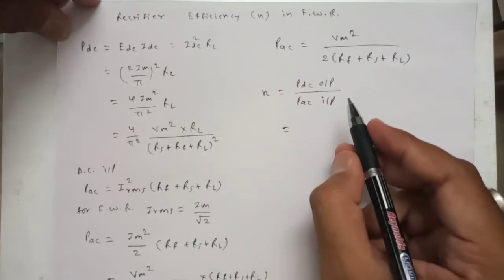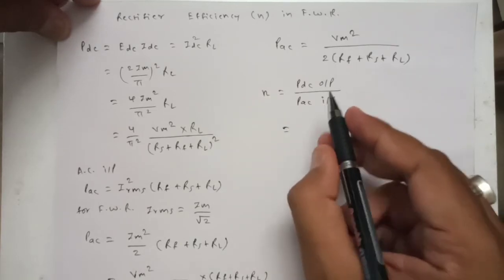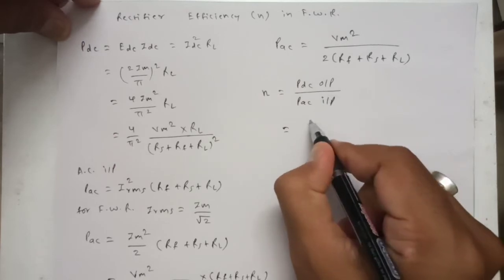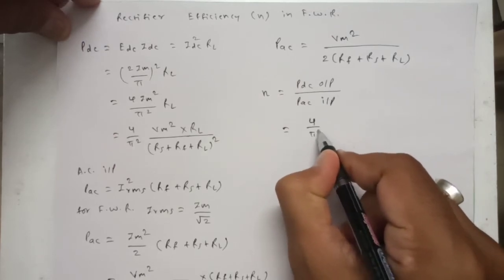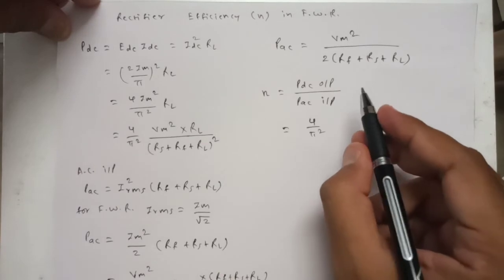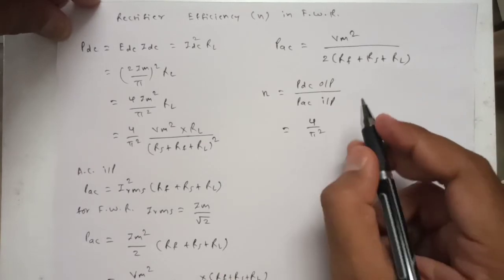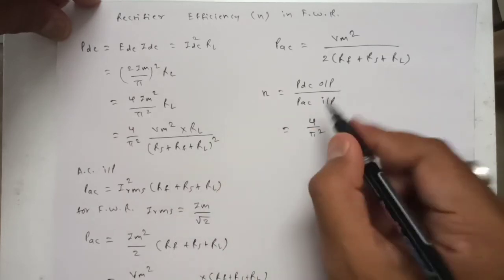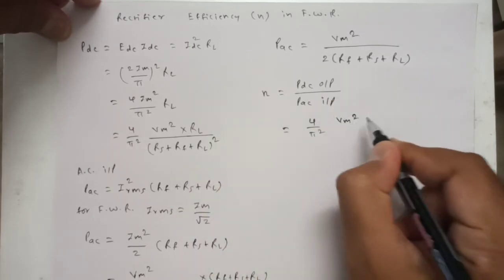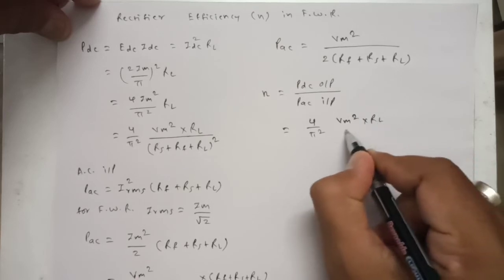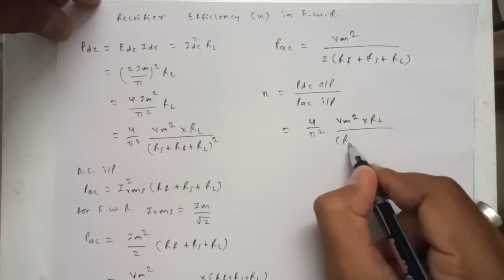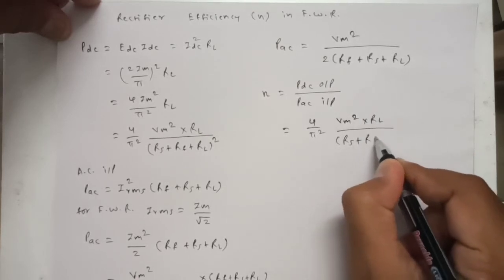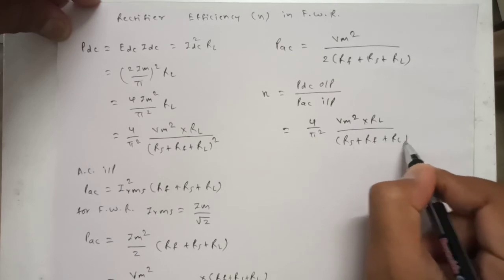The equation for PDC is 4 divided by pi square, Vm square into RL divided by Rs plus Rf plus RL whole squared.